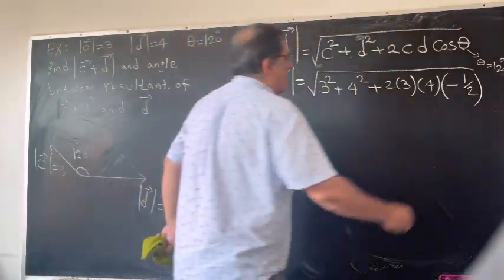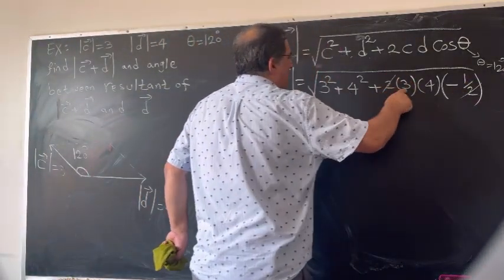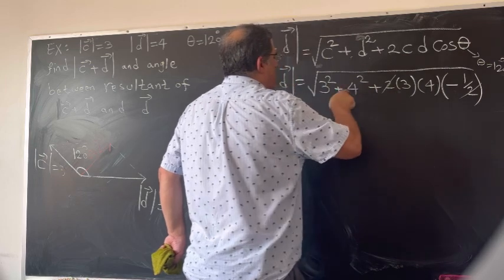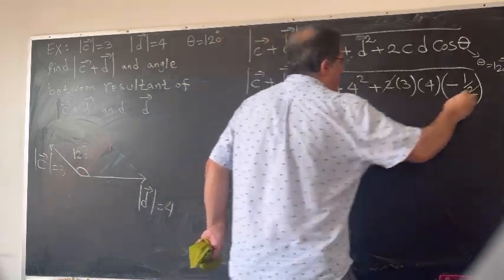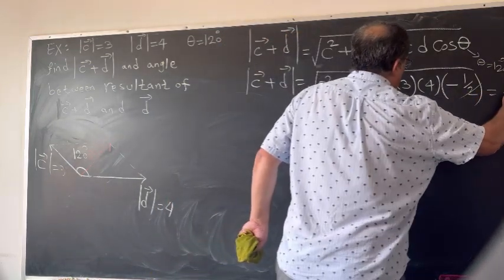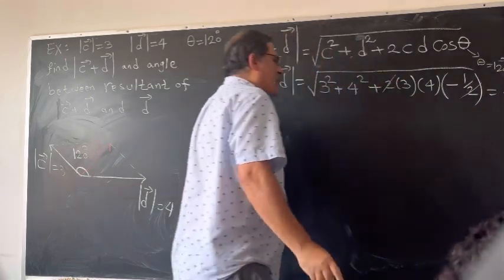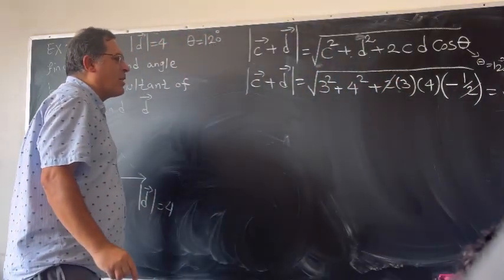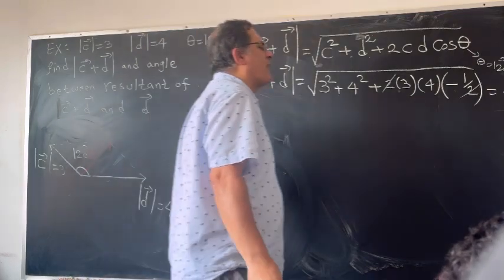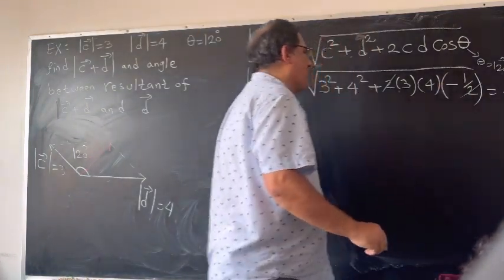Now you can simplify. The 2 and 2 cancel, giving minus 12, so here 25 minus 12 is 13, and the magnitude is root 13. If you want it as a decimal, it is around 3.6.